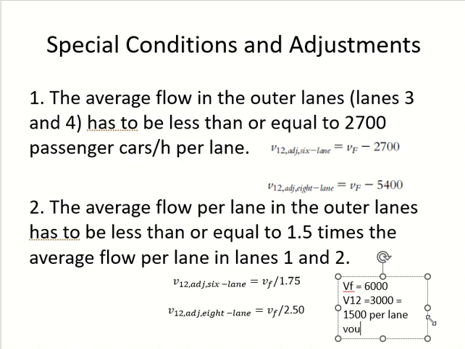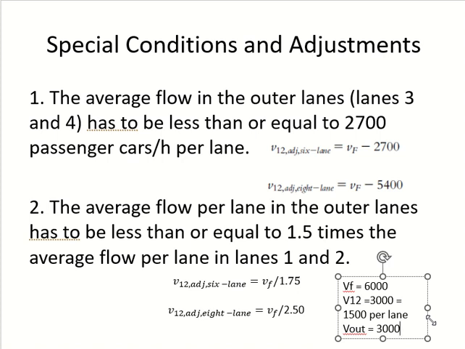So if I have a 6-lane freeway, every direction has 3 lanes, 2 inner, 1 outer. So per lane for outer is how much? 3,000. Now they are saying the outer per lane should be less than or equal to 1.5 times this value.